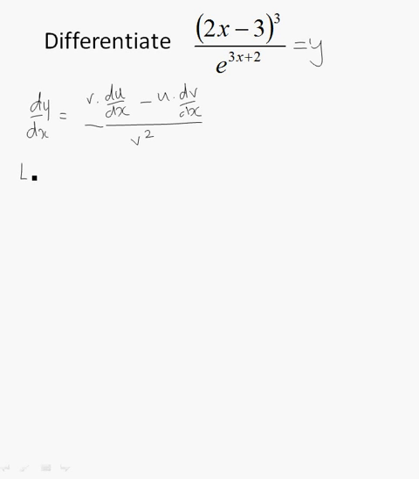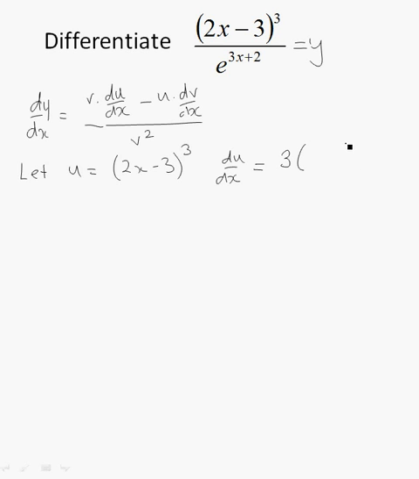Okay, so let u be 2x minus 3 cubed. That's the thing on the top. Now if we differentiate that, du by dx will then be, we could introduce a substitution here and put in a few steps, but I'm going to do it the fast way, and that is by differentiating the bracket.